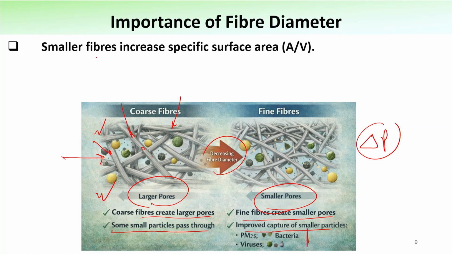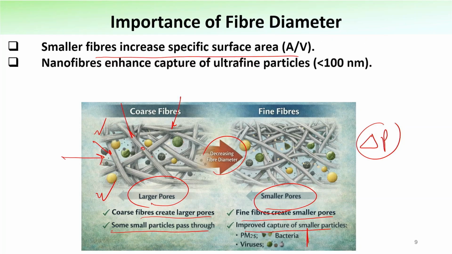Smaller fibers increase the specific surface area, that is total surface area per unit volume of the fiber. If we use nanofiber, that is fine fiber, it captures ultrafine particles, less than 100 nanometer.